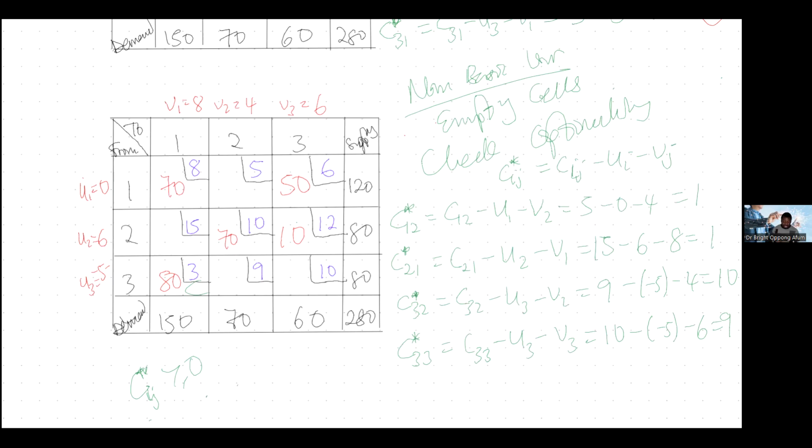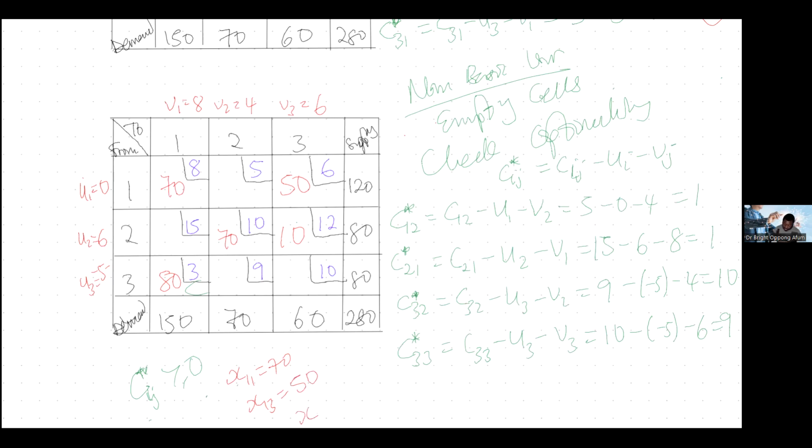And if it's optimal, then all that we are saying is that X11 is 70, that is 70 should be transported from source 1 to destination 1. X13 is 50, so 50 should be transported from source 1 to destination 3.